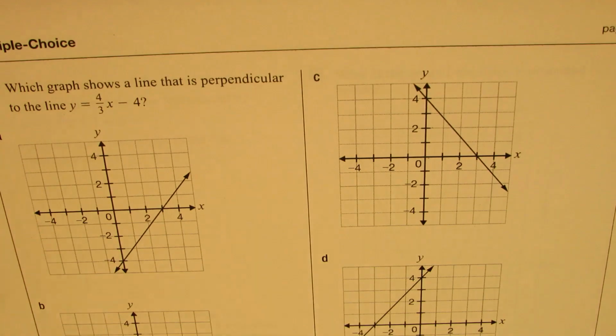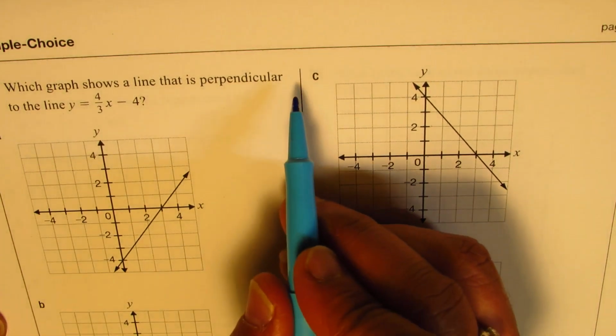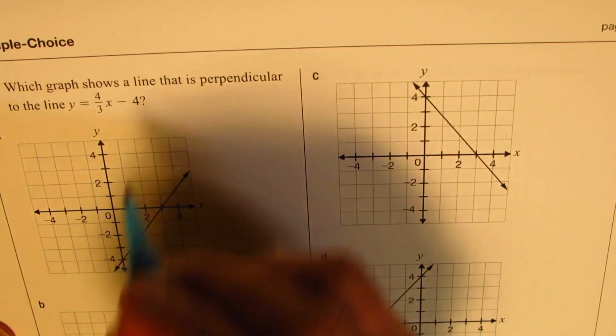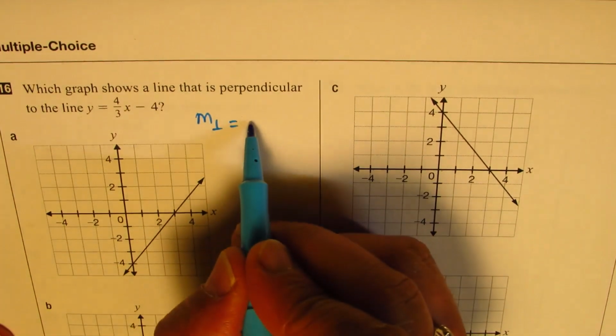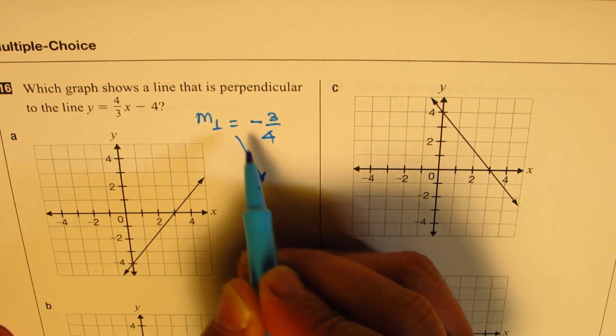Let's take the next question, which is question number 16. Which graph shows a line that is perpendicular to the line 4 over 3x minus 4? Perpendicular means negative reciprocal, so we need a negative 3 over 4. So the line has to go in this direction, right?